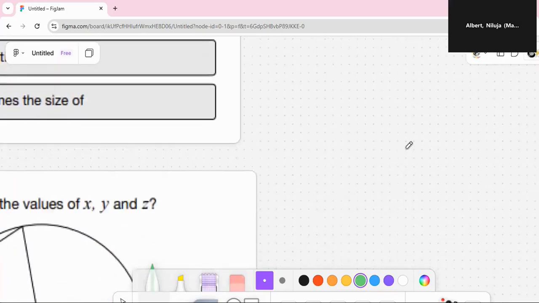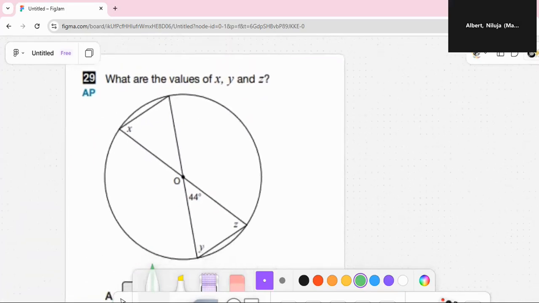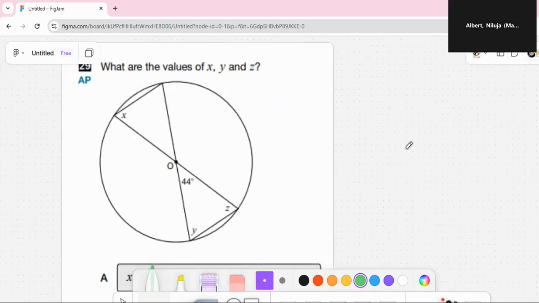The next question is similar to something that was on the unit 17. And students had a little bit of difficulty with this because in order to solve this, you have to understand that angles subtended by the same arc are equal.